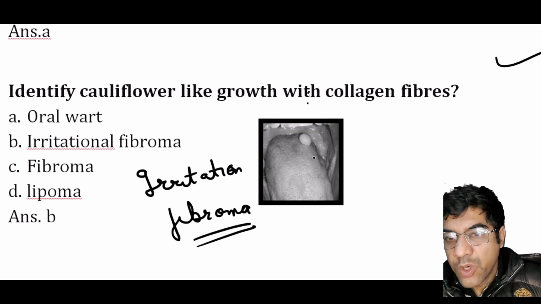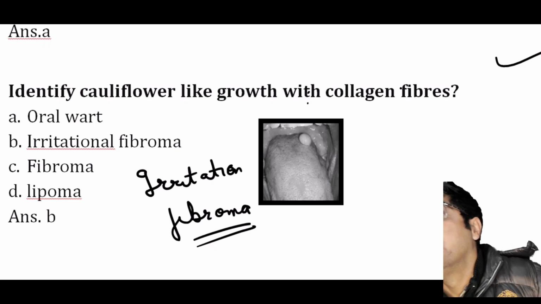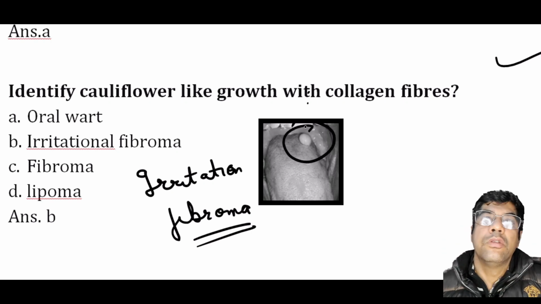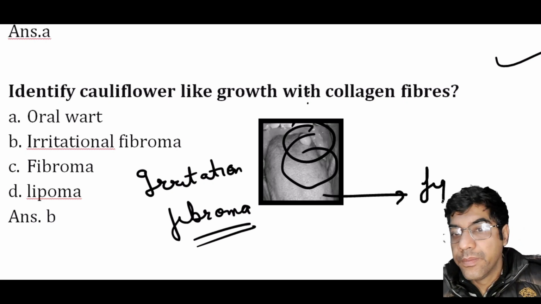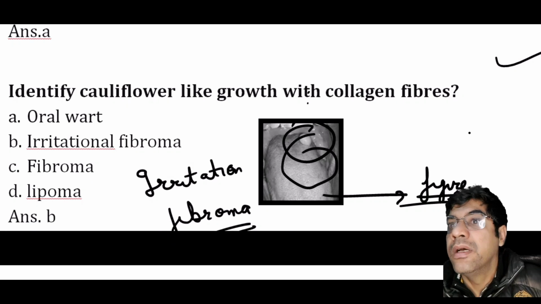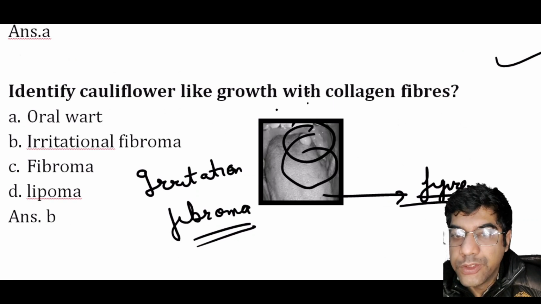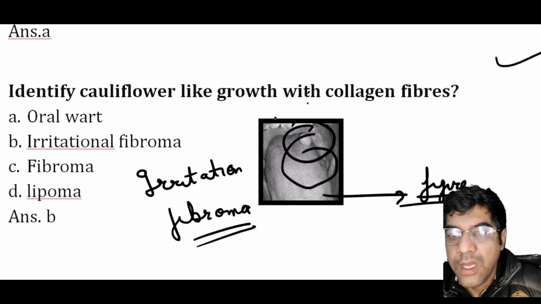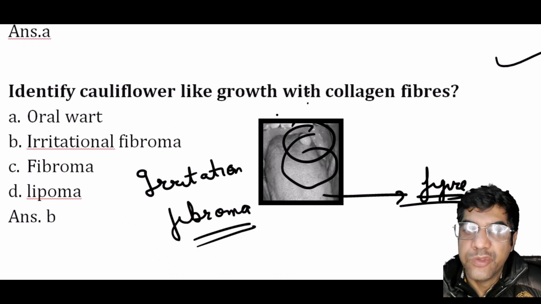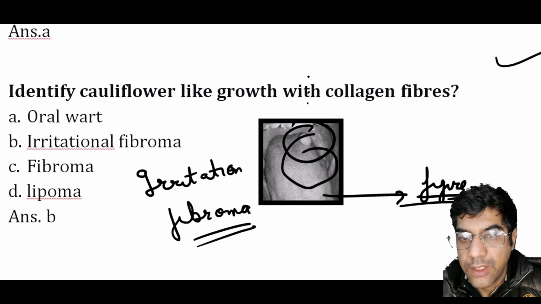Irritational fibroma appears as a well-defined pale pink papule, as shown here in this figure. It appears like a papule that enlarges to form a nodule. It is characterized by cauliflower-like growth with collagen fibers. The lesion is smooth, symmetrical, round, firm, and typically painless.